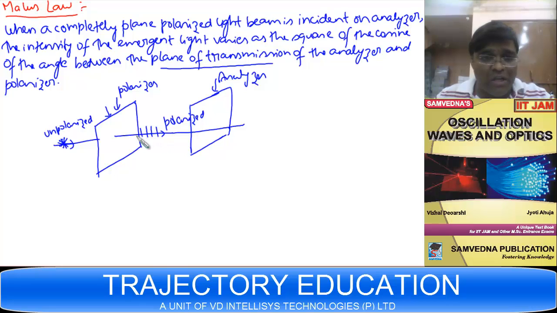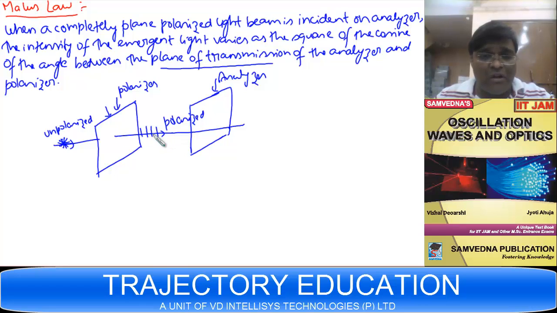A curious question: if unpolarized light falls on the polarizer, it will produce polarized light, but what will be the direction of vibration of the light?